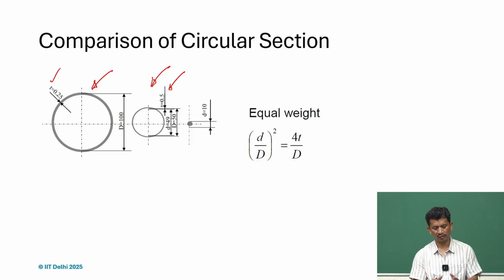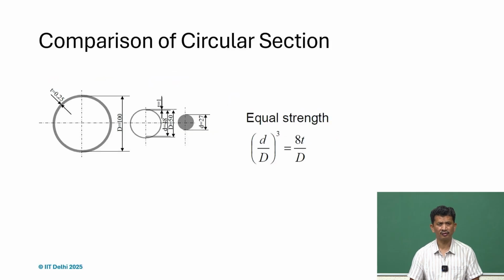So, if you are talking about the weight, so equal weight, the diameter for the solid shaft is only 10 millimeter. So, this is the general formulation we can get. Of course, for equal weight, if everything is same, then what we have to compare is the area of cross section. So, area will be same, and that can give us this formulation.